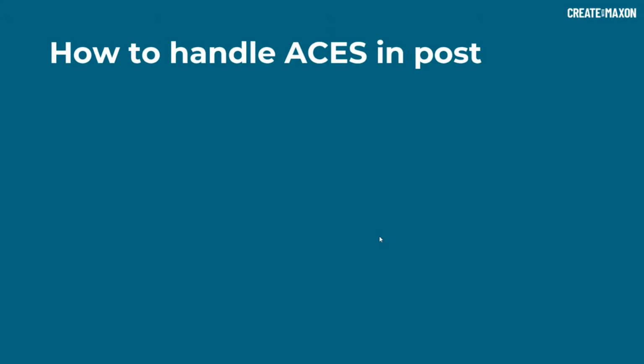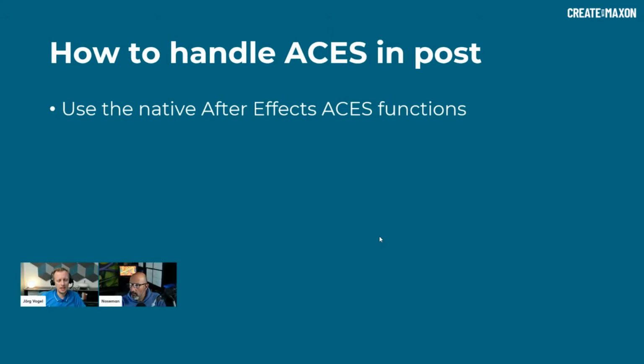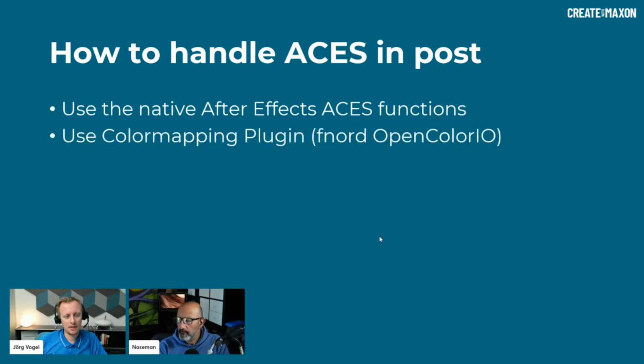So that's our pipeline. And I think there are 3 ways we are using. We can use the native After Effects ACES functions. I would show this to you in a minute; I will just give you a brief overview. There is a native integration since, I don't know when, like 1.5 or 2 years ago, I would assume. So we can use this.